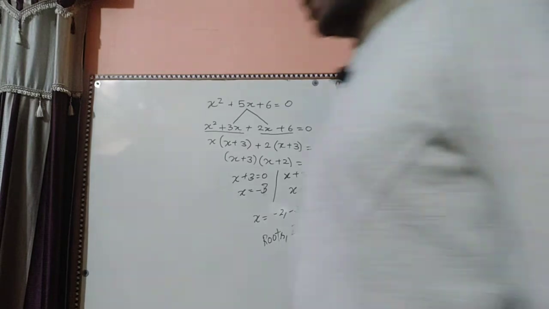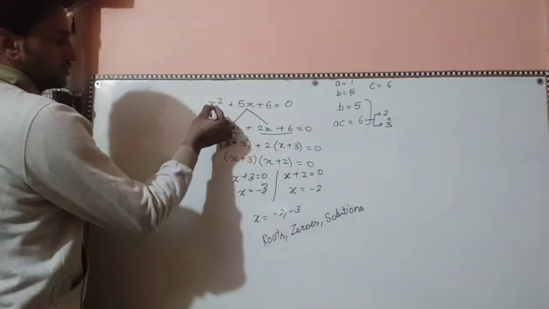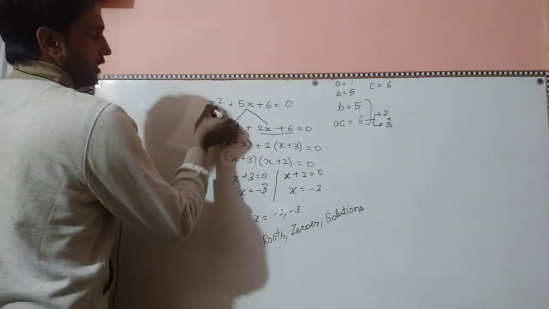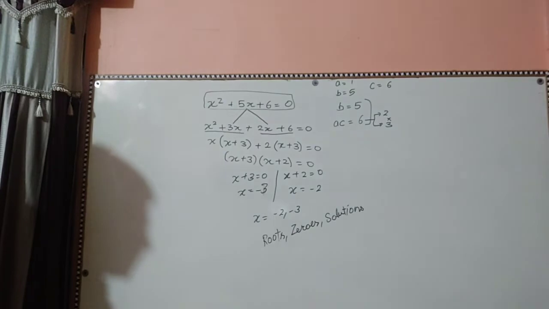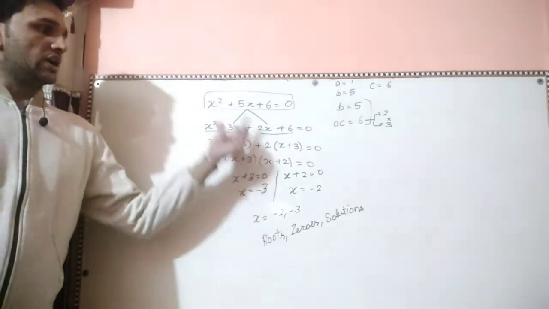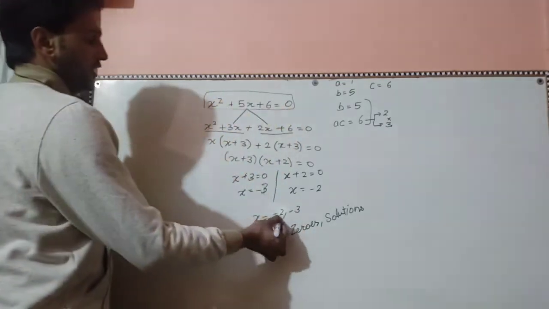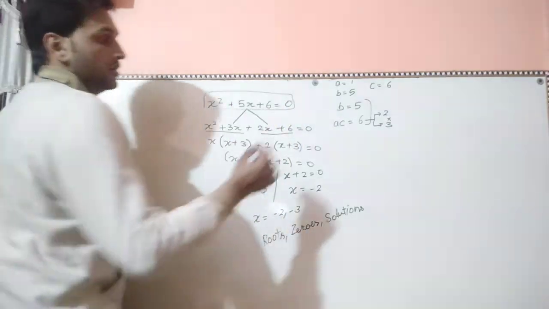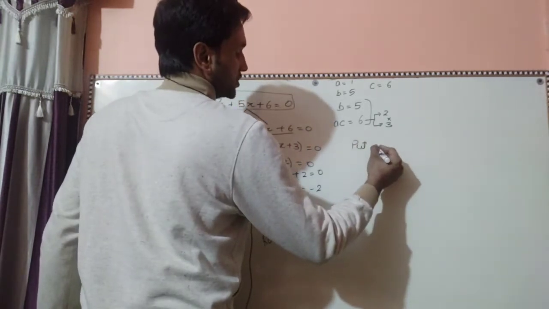You can verify this result also. That means when we put x is equal to minus 2 or minus 3 in this equation, the result will be equal to 0. That means these two values are satisfying this equation. Now we can substitute minus 2 in this equation for our verification.